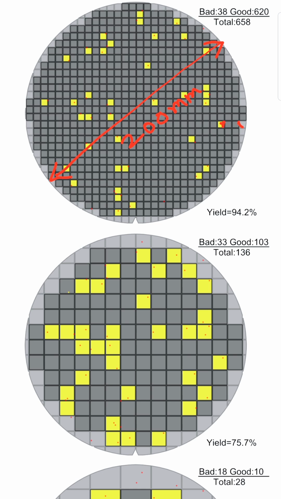For example, if you see right over here, the bad ICs are 38, which are indicated by these yellow boxes. If you count, these are 38, and good ICs are 620. The rest of the gray color silicon dies are the good ICs.